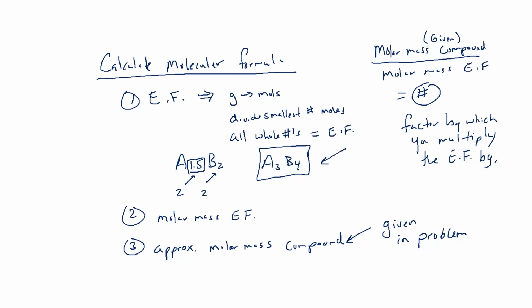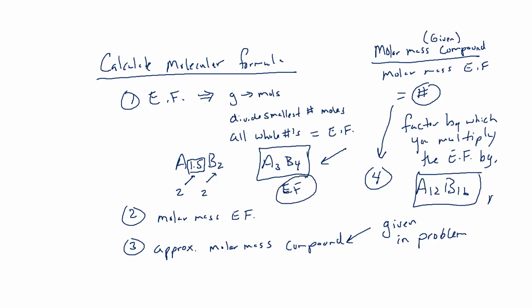I would then multiply the empirical formula by 4. All the elements by 4, the subscripts basically. And that would give me our molecular formula of A12B16. So in our example here, our empirical formula A3B4 multiplied by that factor gives us A12B16 as our molecular formula.